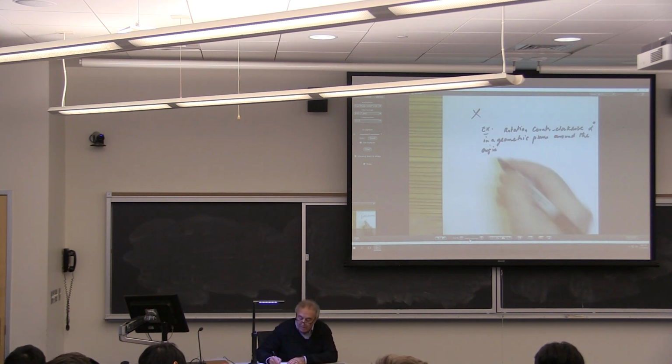As you know, when I say around the origin, later on we find out that this origin could be the z-axis for a three-dimensional case. So it's the same type of situation.